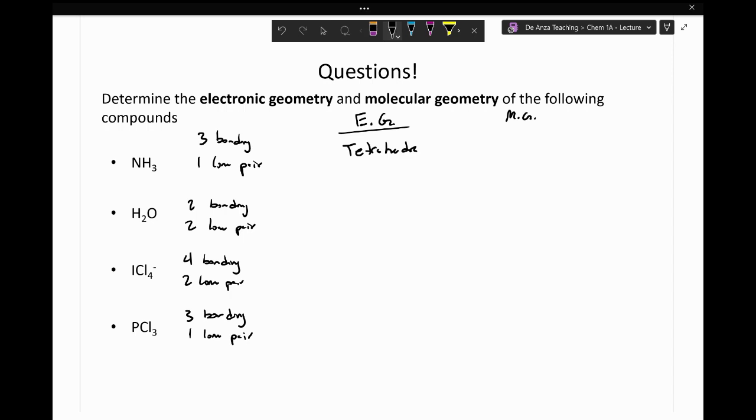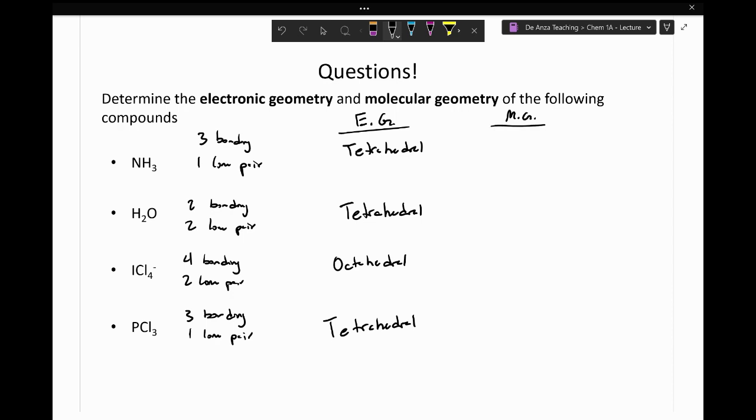For H2O, we have 4, so that's also tetrahedral. For ICl4 minus, that's 6, so that's octahedral. And then for PCl3, that's 4, so that's also tetrahedral. And then when we look at the molecular geometries, we're going to look at our number of bonding and our number of lone pairs. For NH3, we take one group from a tetrahedral, exchange it for a lone pair.